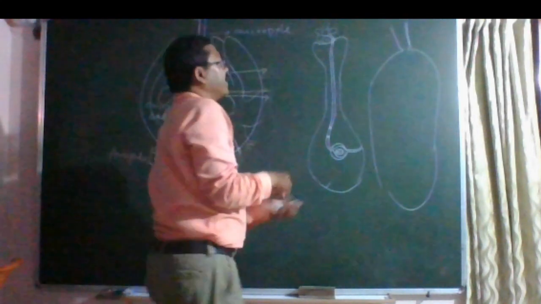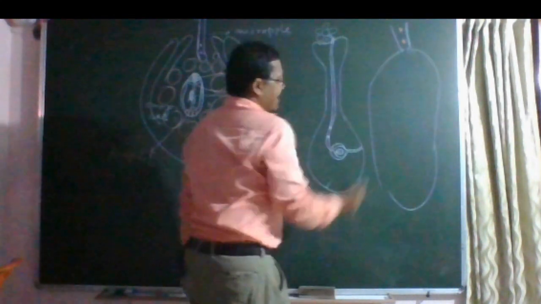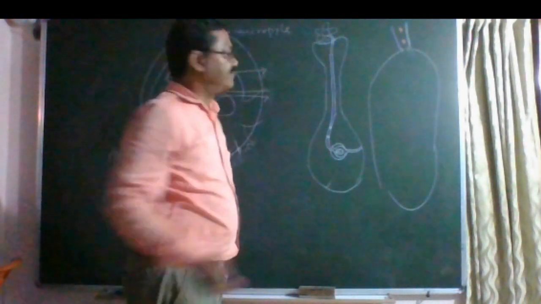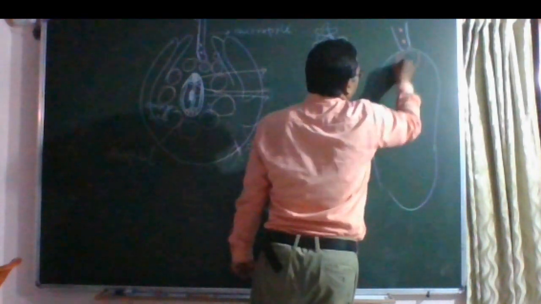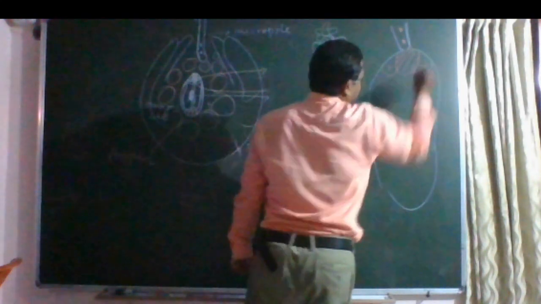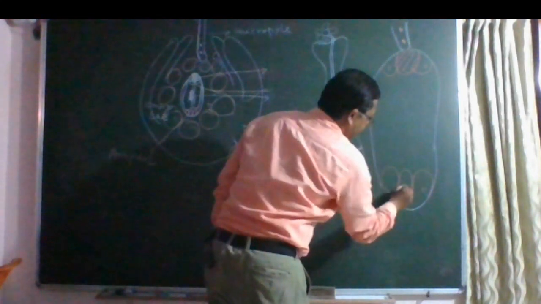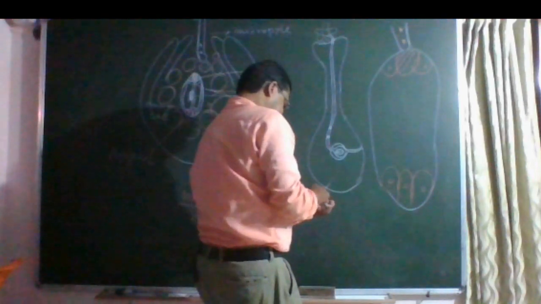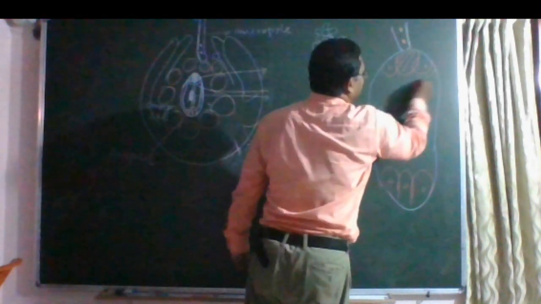The pollen tube contains two male gametes, and the embryo sac contains the 7-cell, 8-nucleus stage. This is the egg, and two synergids. These are the three antipodal cells, and the second is the central cell.